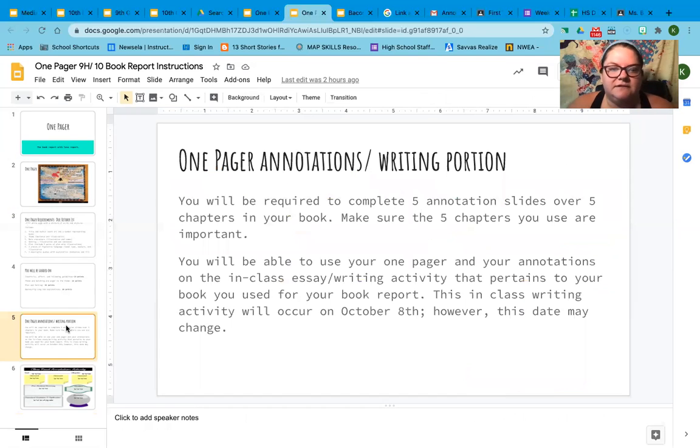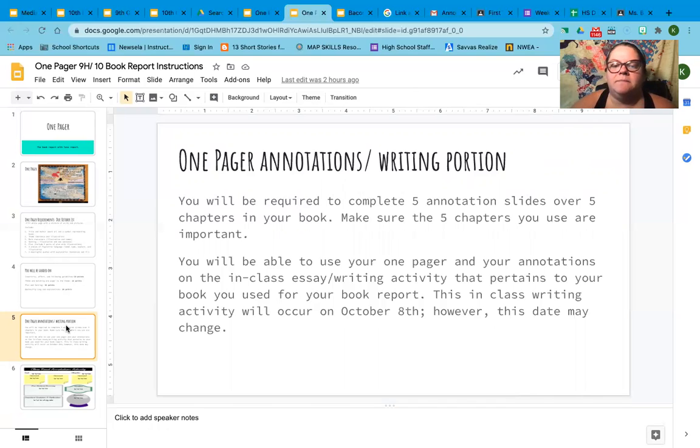And then you will use these slides to complete a writing assignment. So if you are in 9th honors or in 10th grade, if you are in 9th grade only, then you will probably do a shorter version of the writing assignment. So you won't have as long of a version of the writing assignment, but I do want to make sure that you have your annotation slides completed for that assignment.